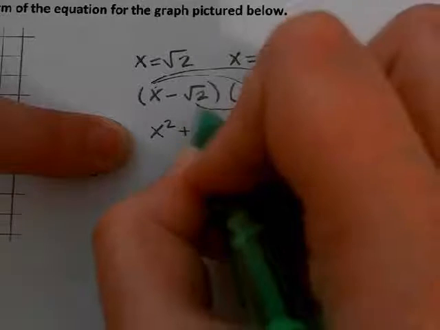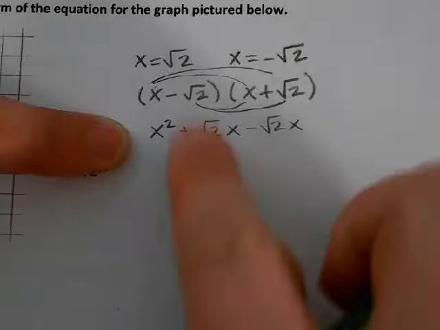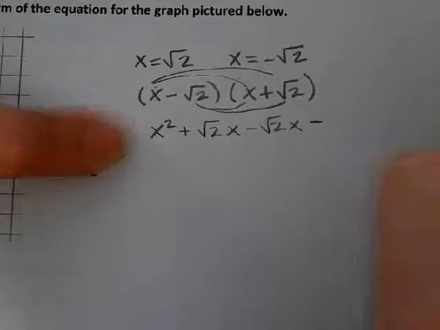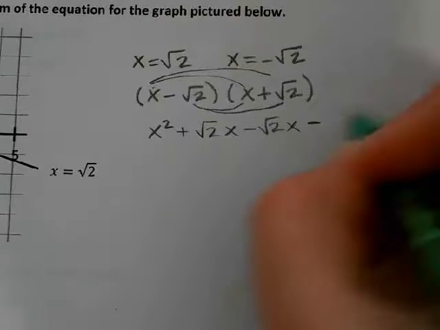And since we're doing a negative times a positive, we're going to get a negative answer. And we're going to take a mental trip back to Math 2, because Math 2 is where we learned how to do this. So the square root of 2 times the square root of 2 is 2. Or if you wanted to show your work, you could say it's just the square root of 4. And then we all know that the square root of 4 is 2.